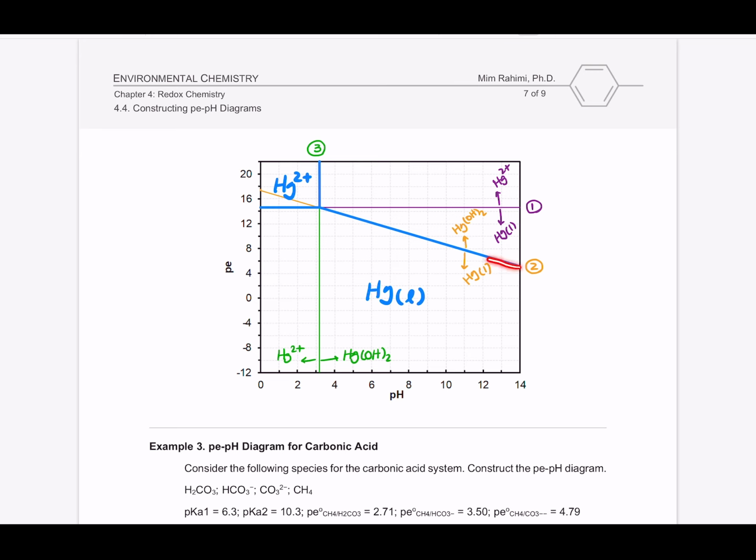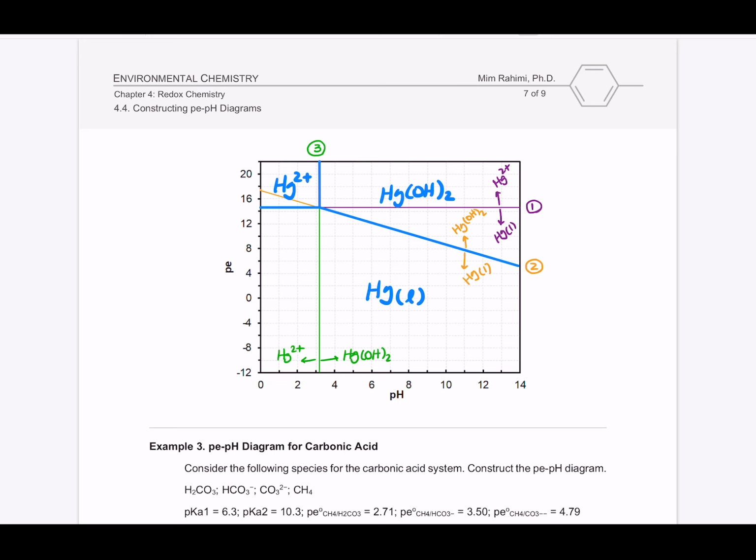So that means Hg is in equilibrium. Oh, sorry, let's do the last part. And then obviously this one would be HgOH2. And now tracing the lines, this would be the equilibrium between Hg and HgOH. This would be the equilibrium between Hg and Hg2 plus.